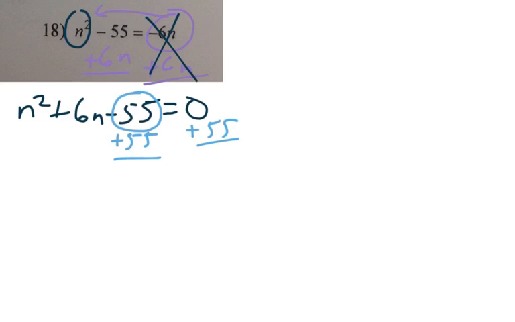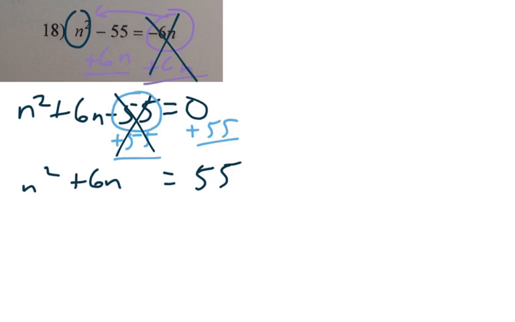You may see it done slightly differently, like from Mr. Khan, from Khan Academy. But guys, I prefer to just get the number out of the way, and you can see in a minute why. I have n squared plus 6n, and 55 minus 55 is 0, so I'm going to leave a little space there, equal to 55.